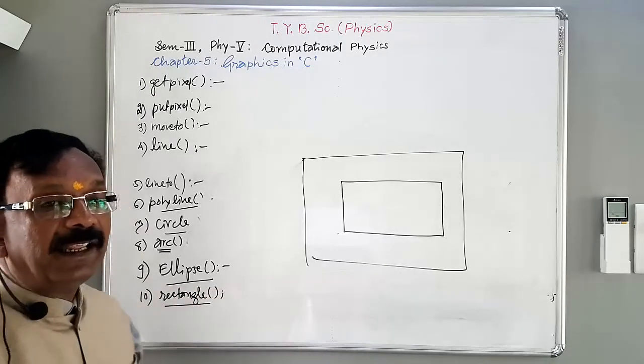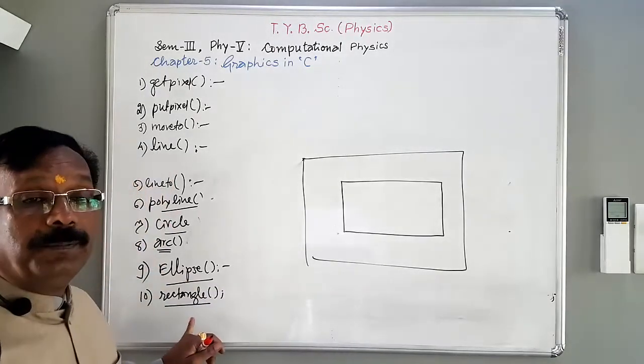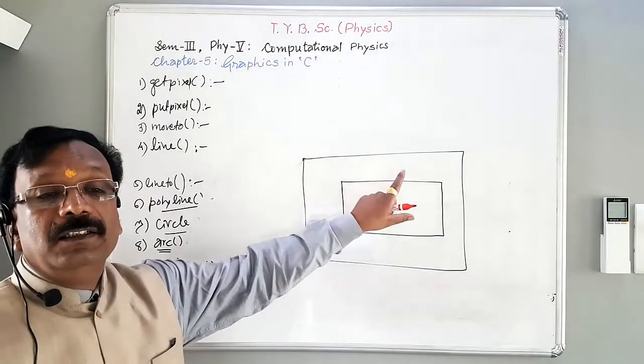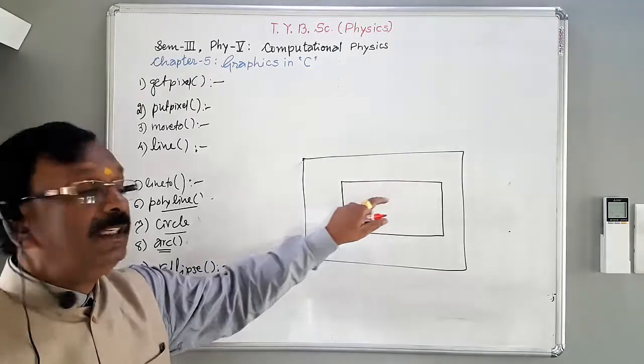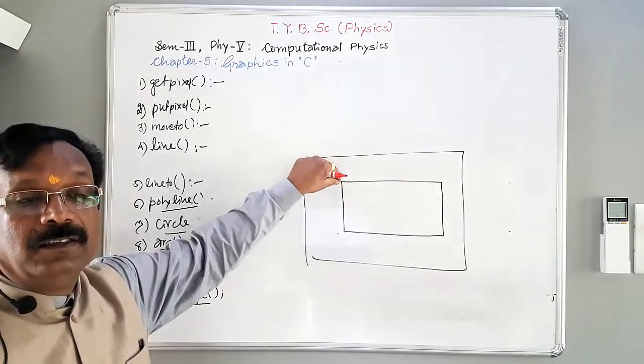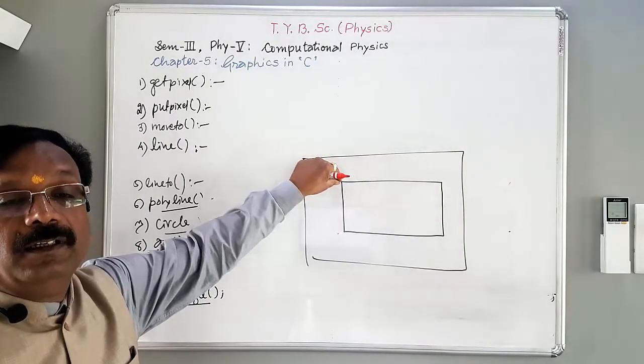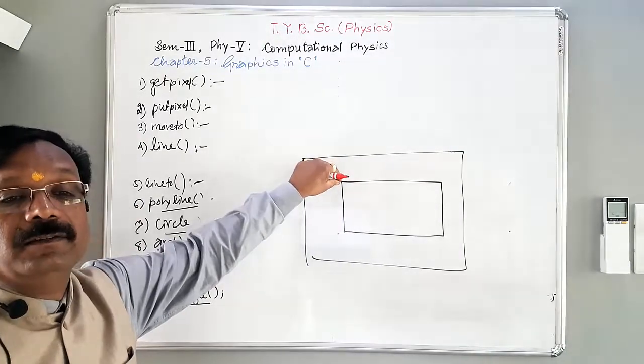When we use this function, rectangle draws a rectangle on the screen using the current drawing color and thickness of the line.